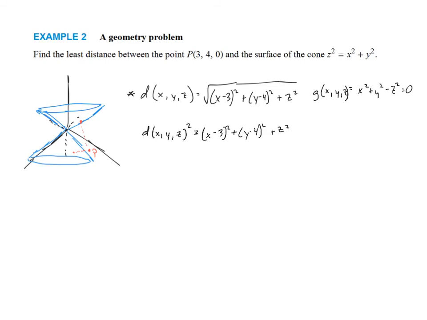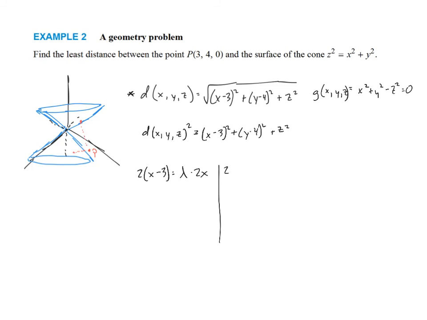So there are 3 partial derivatives we need to take. Our d sub x is 2 times (x minus 3) to the first power, and we're going to set that equal to g sub x, which is lambda times 2x. Then we compute our d sub y.